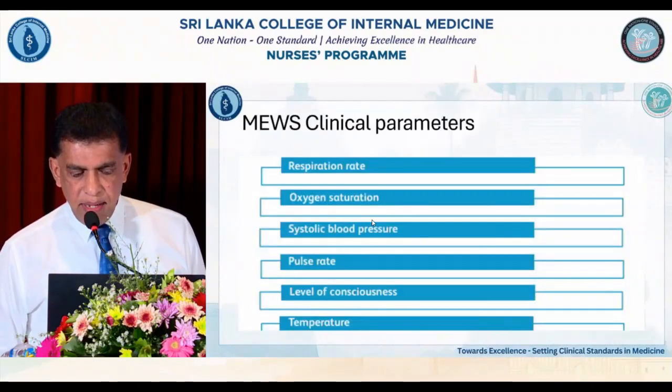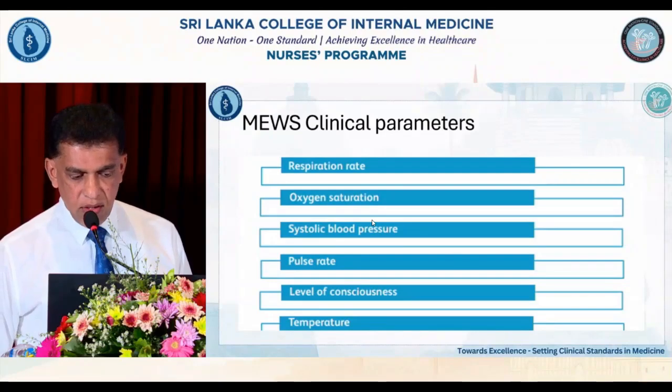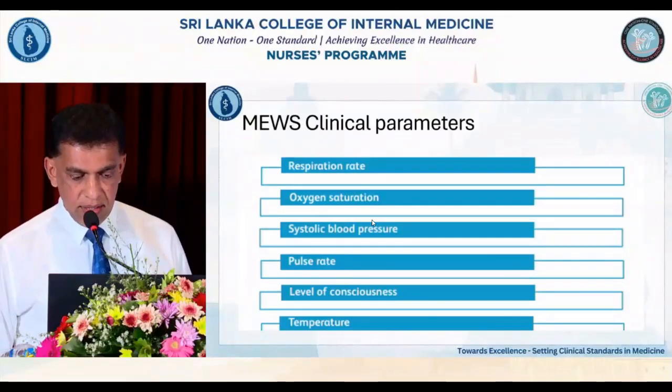There are 6 parameters that we look at: the respiratory rate, which I would say is the most neglected clinical parameter, oxygen saturation, systolic blood pressure, pulse rate, level of consciousness, and temperature. I will take you through these briefly in my subsequent slides.